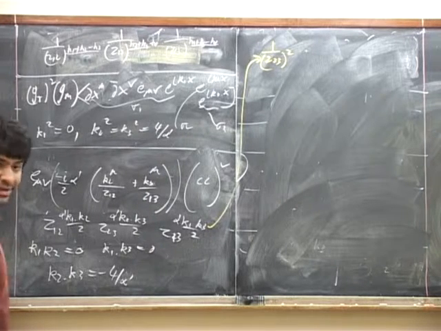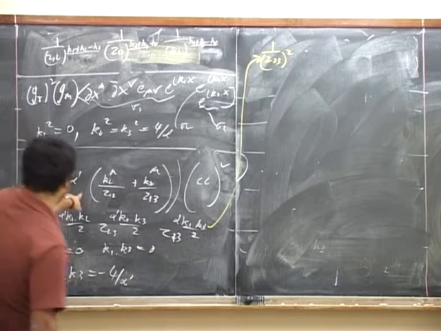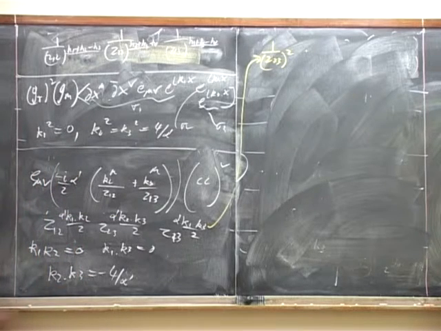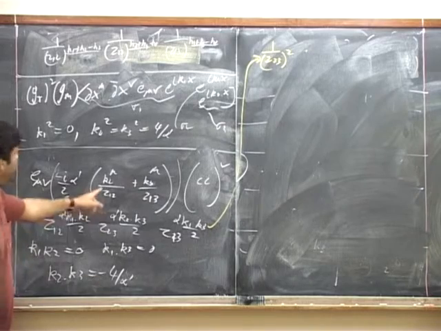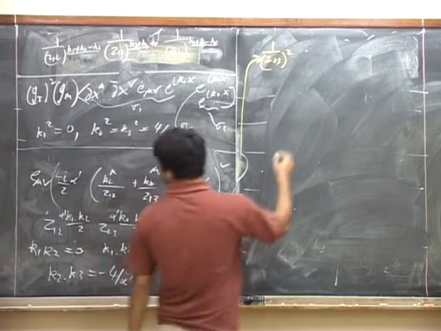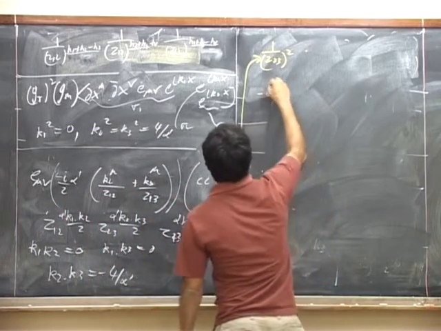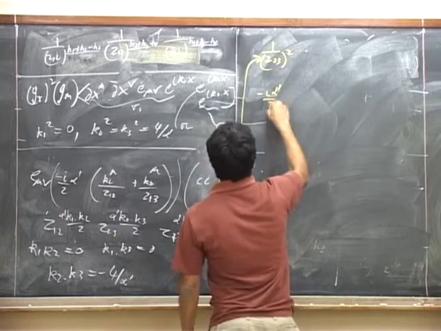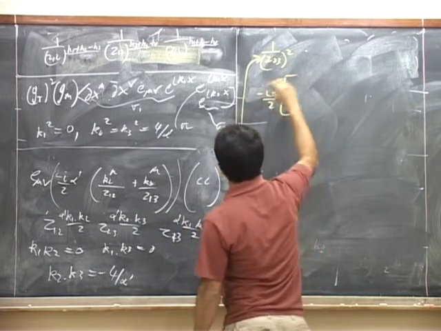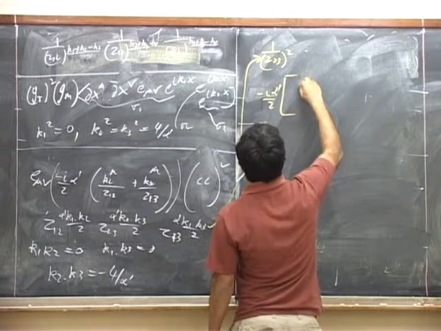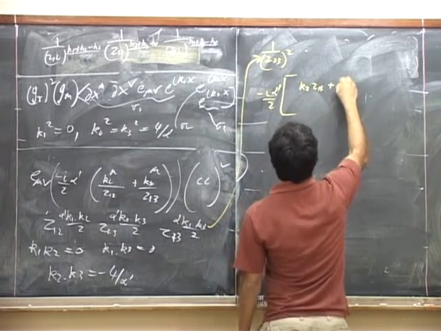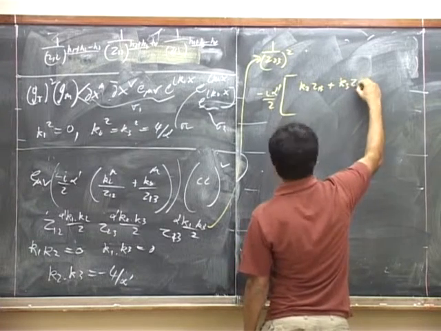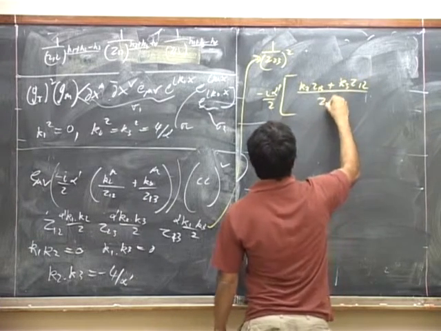Now let's look at this term. This term looks pretty complicated. Well, we can simplify it a little bit. We've got minus i over 2 alpha prime, and then we've got (k2 z13 plus k3 z12) over z12 z13.